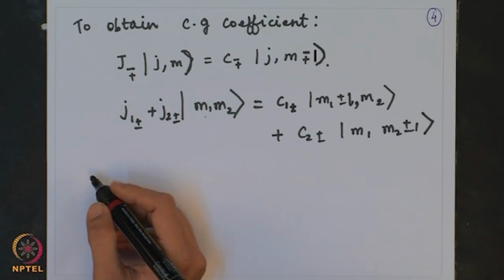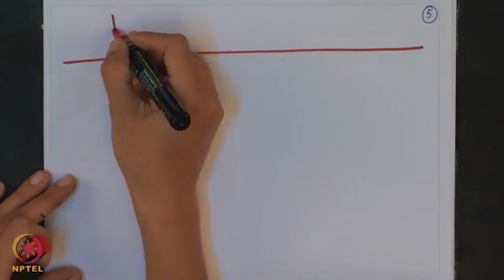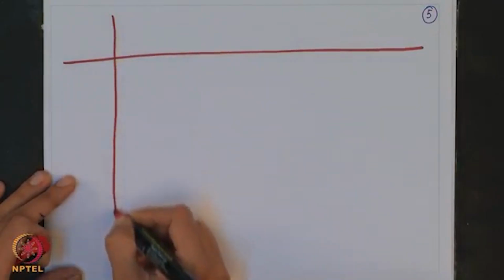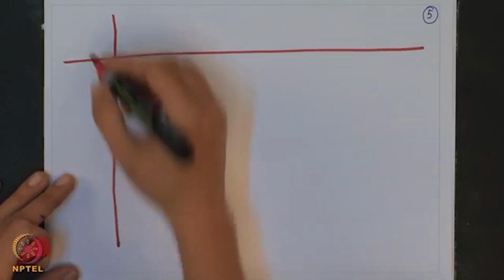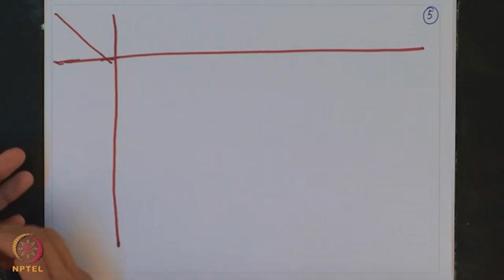So, with this now I will make a table. We will do some working on this page, but when I prepare this table, I will have a horizontal arrangement. Here what I am doing is I will write the CG coefficients.